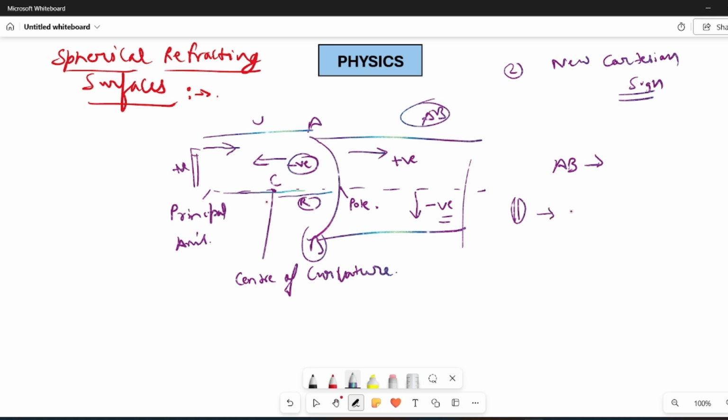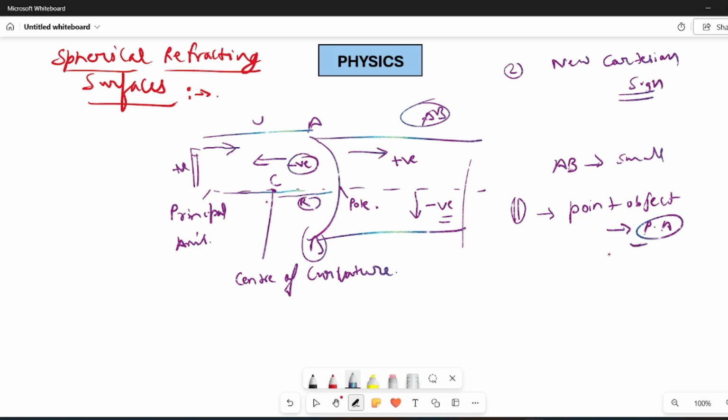In most cases, I'm going to use a point object. So two assumptions: my aperture is going to be small, and the object I consider is a point object, and it will always lie exactly on the principal axis, not above, not below.